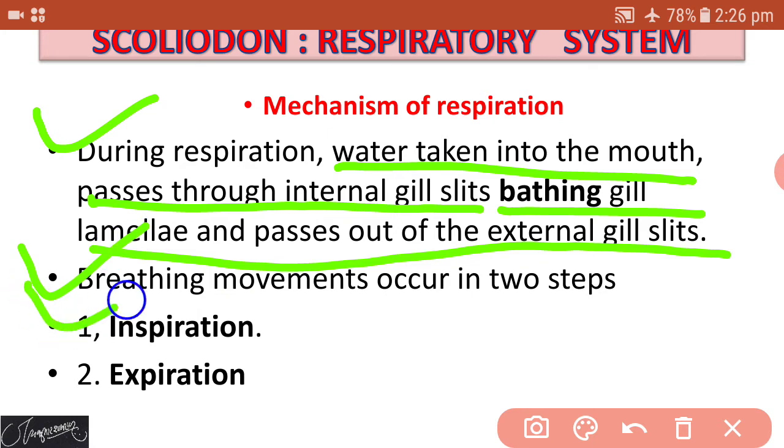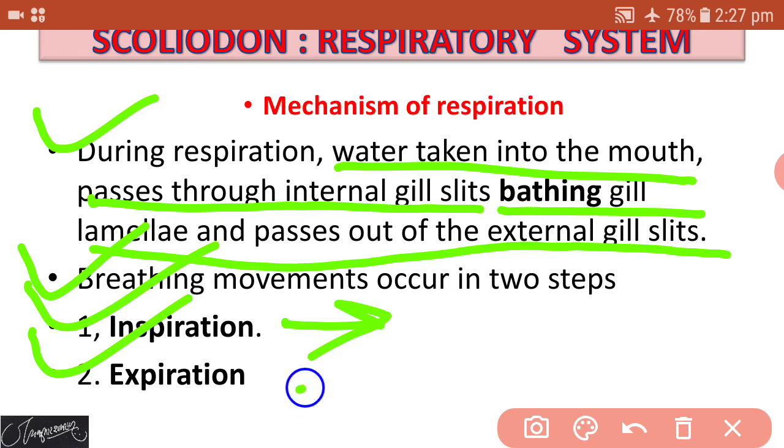The first step is called inspiration. The second step is called expiration. These are the two steps of respiration: inspiration and expiration. Inspiration means taking in oxygen with incoming water, and expiration means removing carbon dioxide with the help of outgoing water.